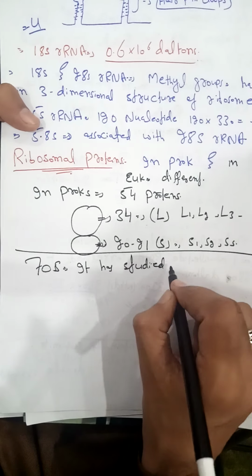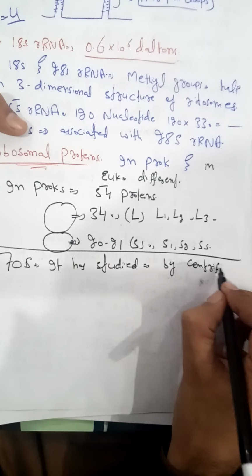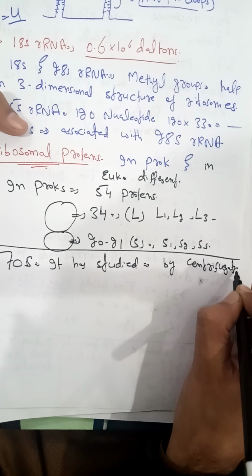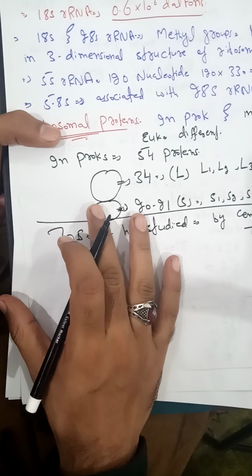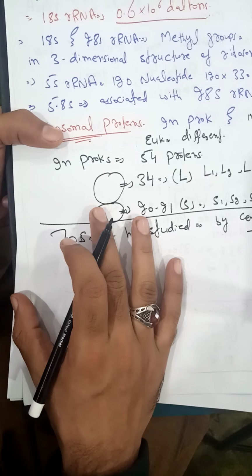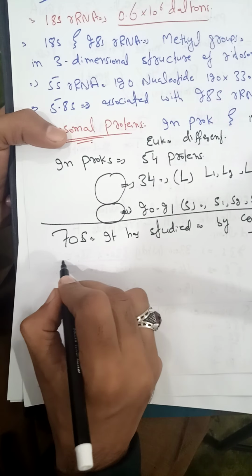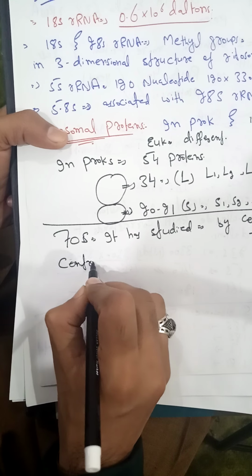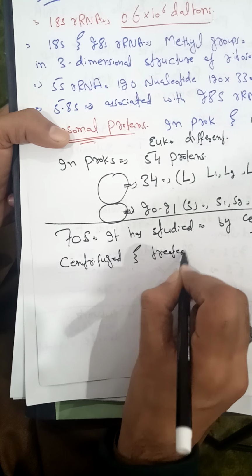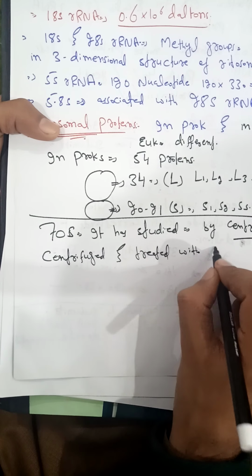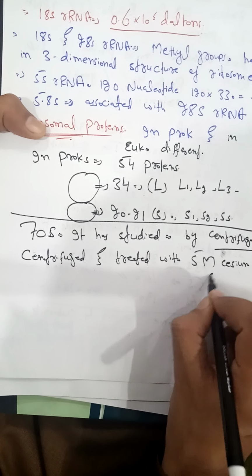Further, the proteins of prokaryotic 70S ribosomes were studied by centrifugation methods. The 70S was centrifuged and treated with 5 molar cesium chloride.